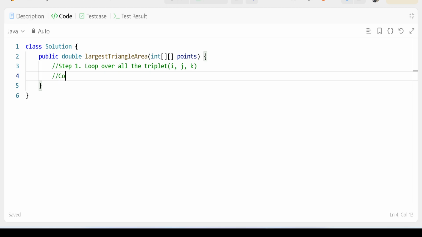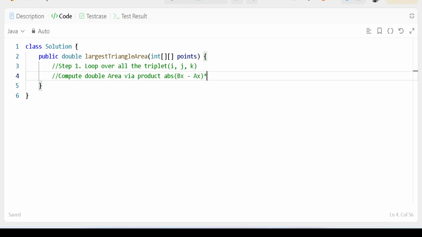We'll compute the double area via a cross product, and we will take the absolute value of bx minus ax. Can we say that? Because we are taking the absolute value, right?